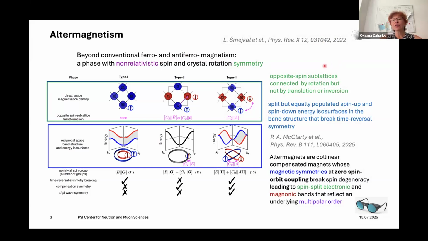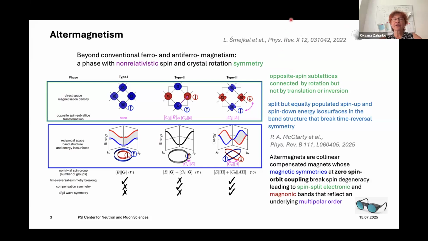And as there is a huge amount of k equals 0 opposite-spin-sublattice collinear structures, this is actually a golden place to seek good devices. Though I should probably mention that there is a lot of theory, a lot of predictions about altermagnets, but there are very few real systems which are so well explored that we can say, yes, we use that.